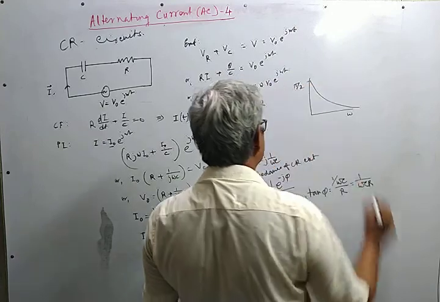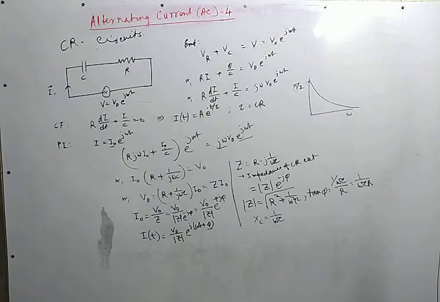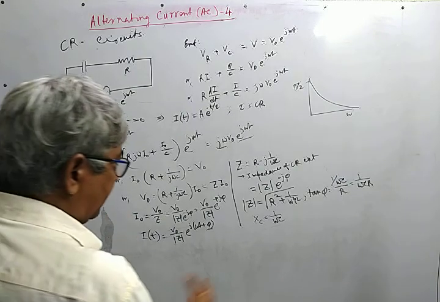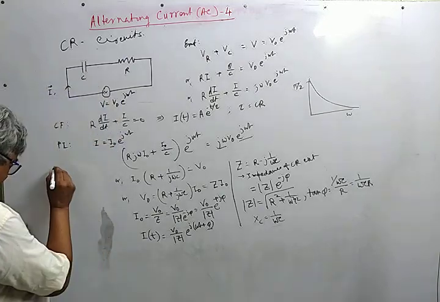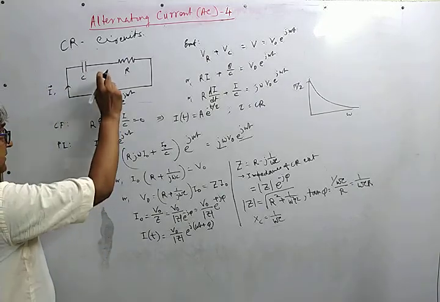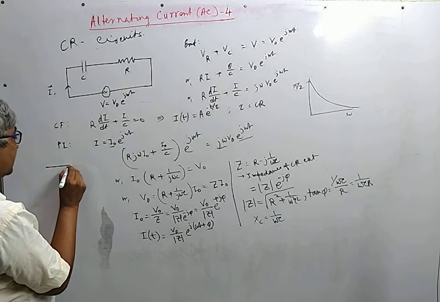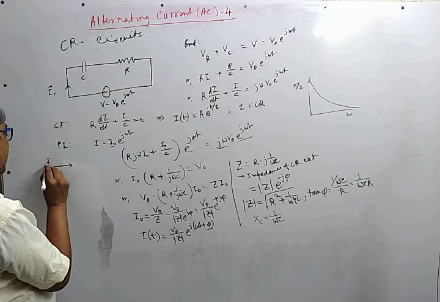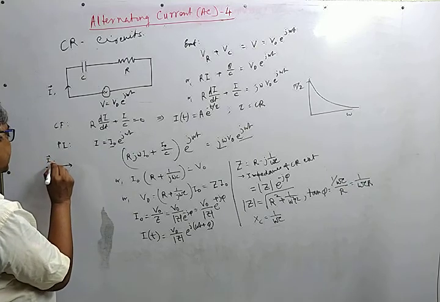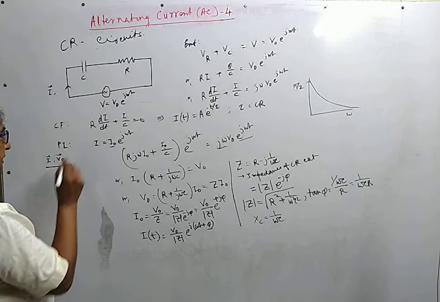And if we want to find out the reason physically, it will be very clear from the phasor diagram that I am going to discuss right now. This is the series circuit. This is the current phasor at a particular instant, and this is the corresponding VR phasor.